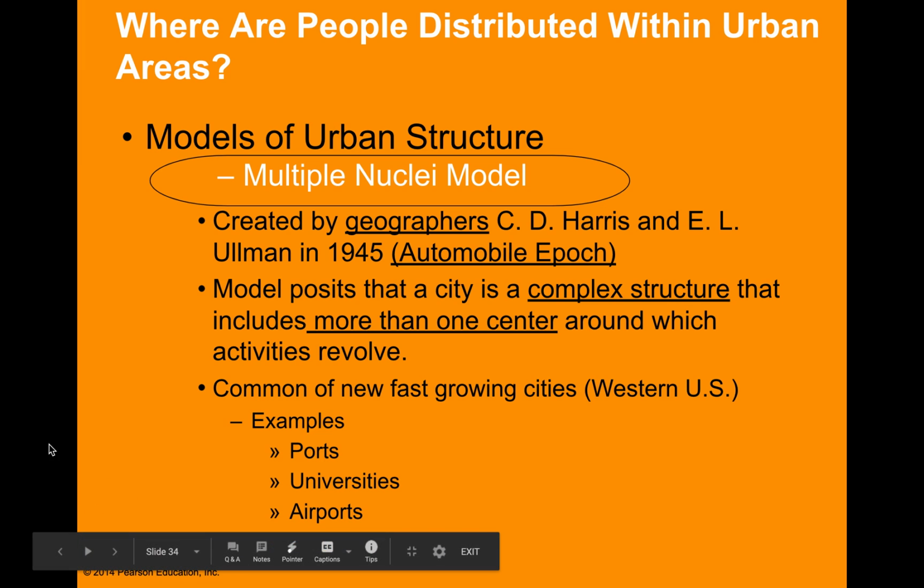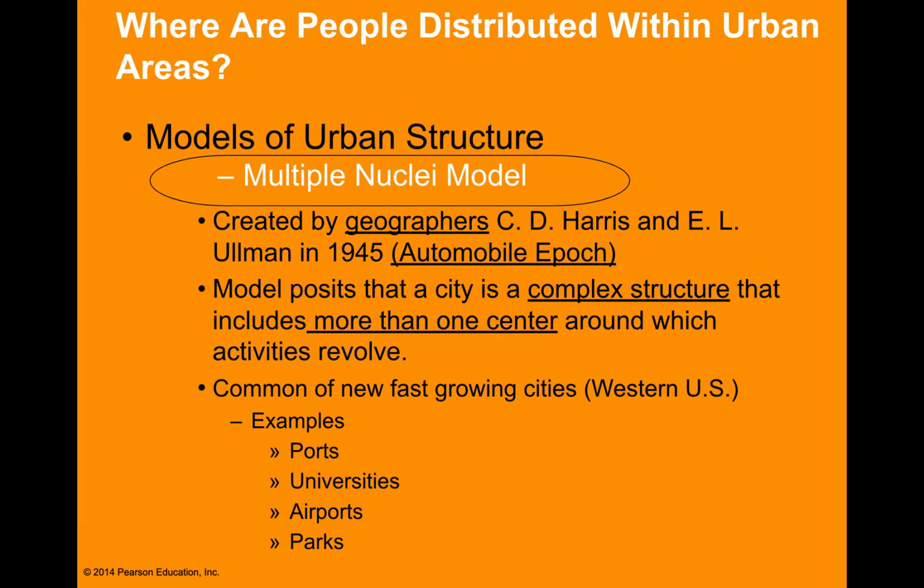So we see the birth of edge cities. But what we see is that now there will be more nodes of economic activity where populations will cluster around, such as ports, airports, or ports of ships, or universities, or even parks.